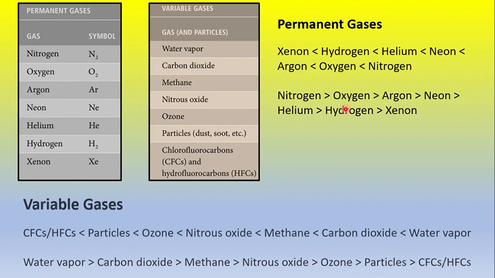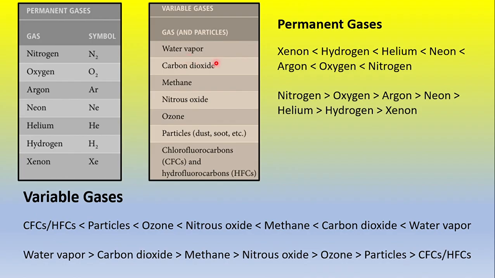And these are the variable gases: water vapor, carbon dioxide, methane, nitrous oxide, ozone, particulate matter, and chlorofluorocarbons or hydrochlorofluorocarbons. The increasing order is CFC or HFC, then particulate matter, ozone, nitrous oxide, methane, carbon dioxide, then water.